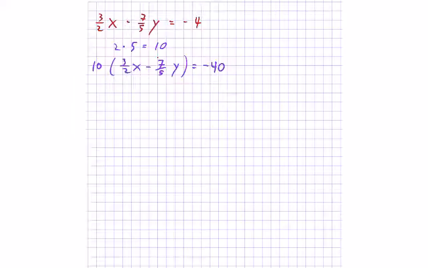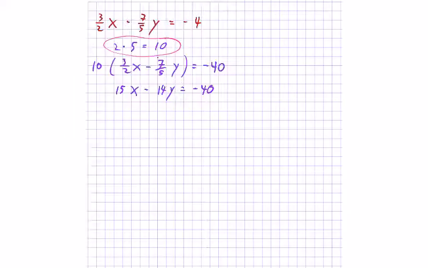Now let's distribute our 10, and we end up with 15x minus 14y equals negative 40. This is much easier to work with. So I highly recommend when you're working with fractions, multiply through by the least common denominator of all the denominators, and it makes the problem much simpler.